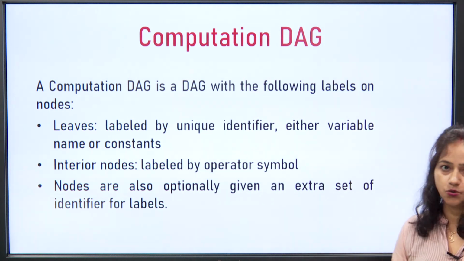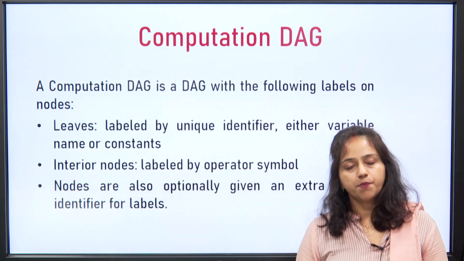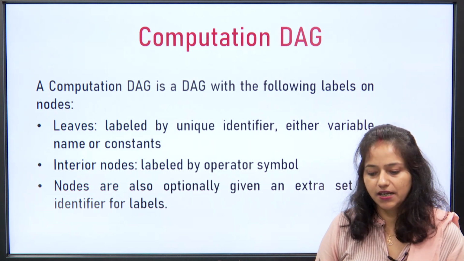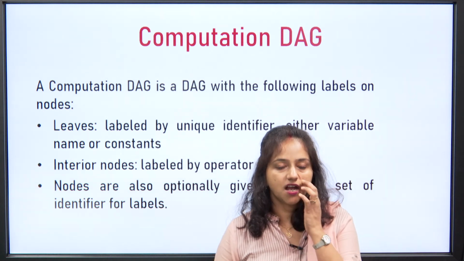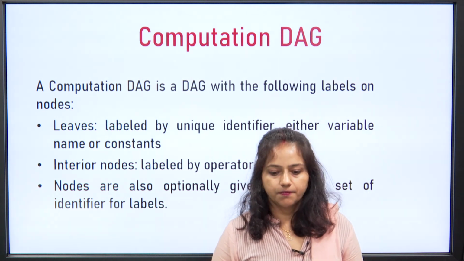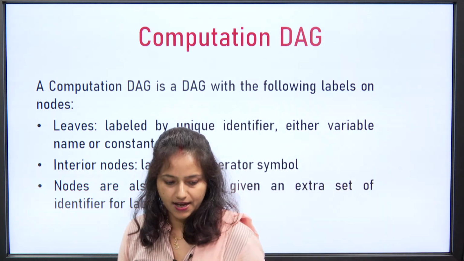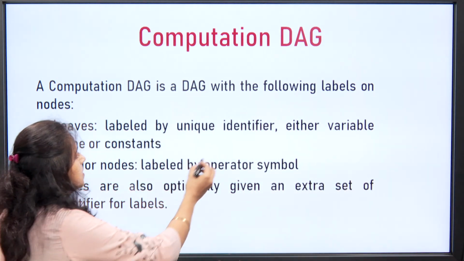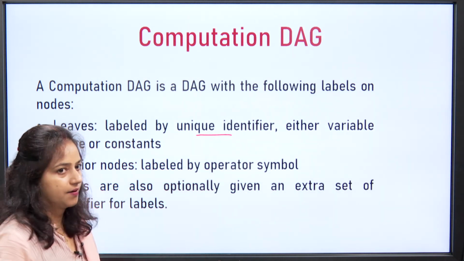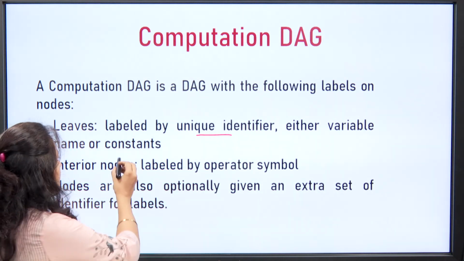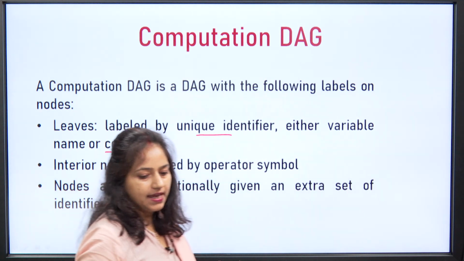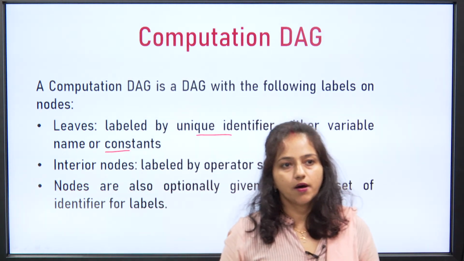It is just like a tree type of structure that will have leaves and interior nodes. The leaves will be labeled by a unique identifier, either a variable name or constants.